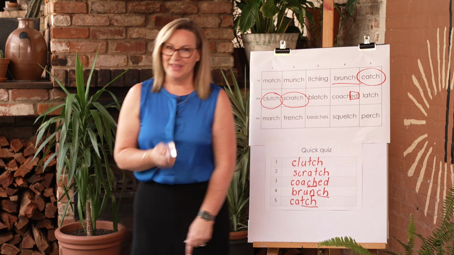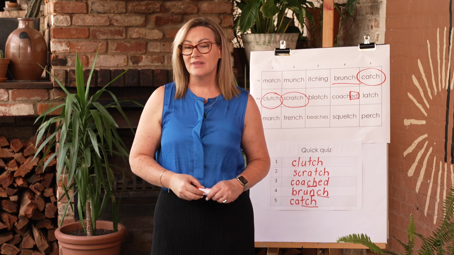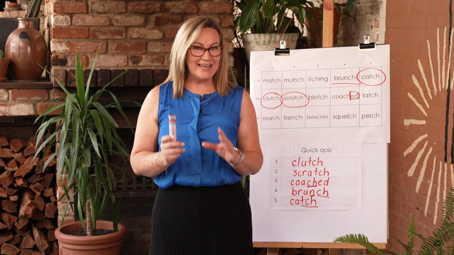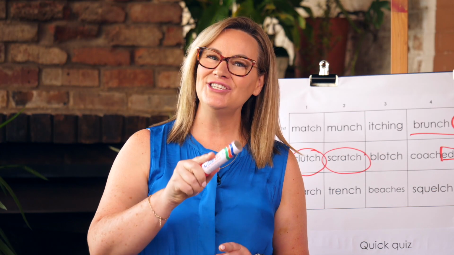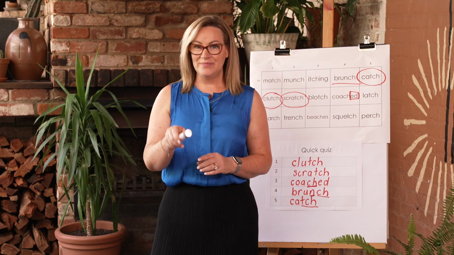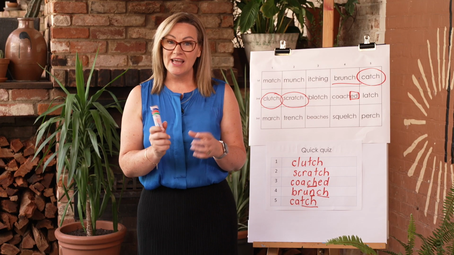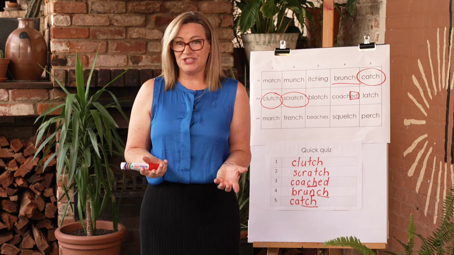Now, there is something that you may have found. And when something in English doesn't follow a rule, it usually has to do with etymology. Etymology is the history and origin of where words come from in English.